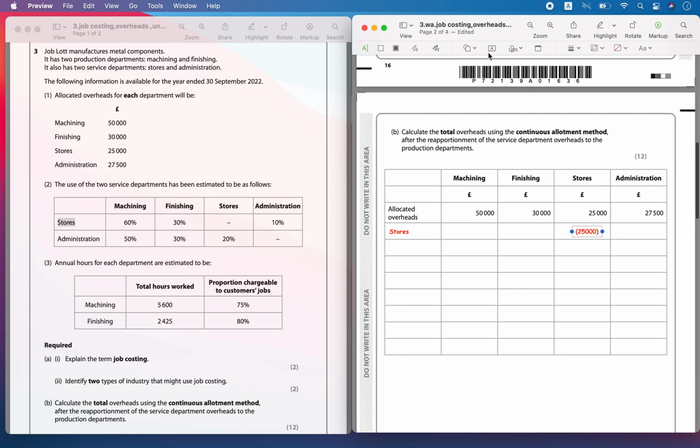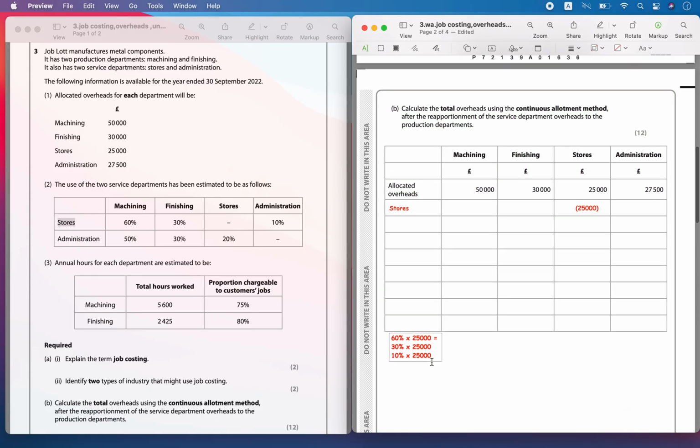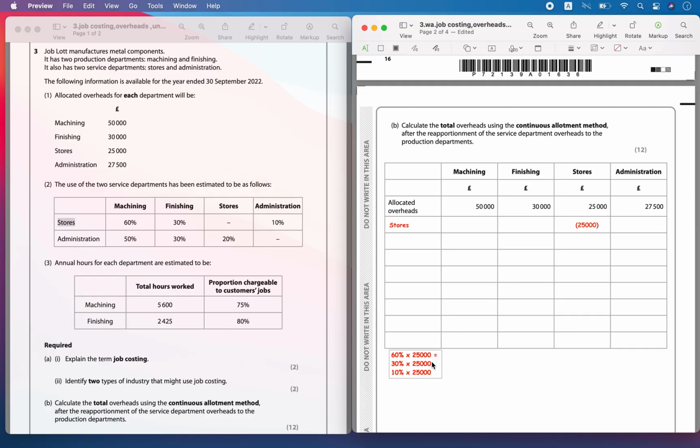So let's calculate that. 60% of 25,000 is 0.6 times 25,000, that is equal to 15,000. 15,000 I will have to pass.